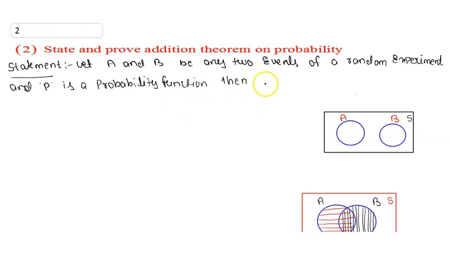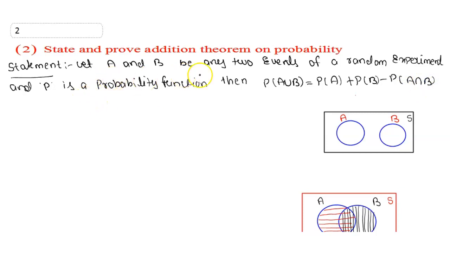the condition is P of A union B is equal to P of A plus P of B minus P of A intersection B. This is the statement. What is the statement?